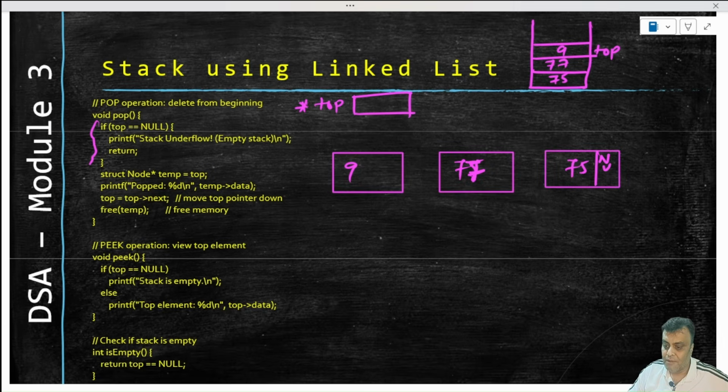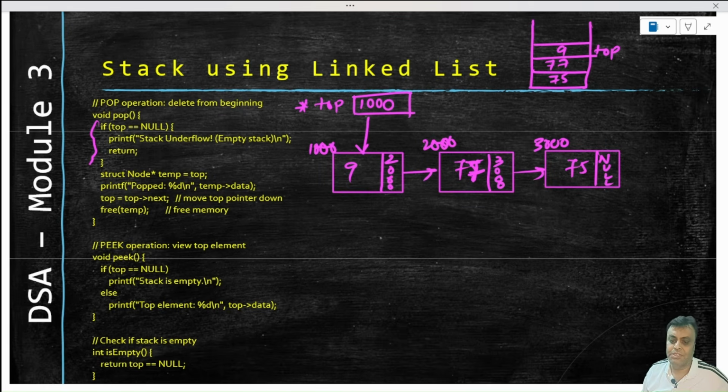This is null. This is 2000, this is 3000, this is 2000, and this is going to be 1000. So this is our structure of this particular stack.